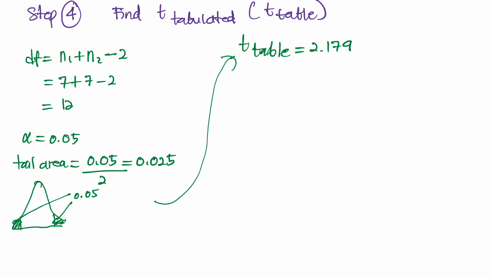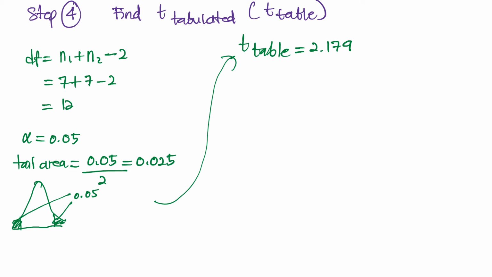Since the alpha given is 0.05, we have to divide this value by 2, since 0.05 represents the tail area of both sides. In order to use the t-table, we only need the tail area on one side. So we divide alpha by 2 and get 0.025. So that is the tail area that we need to refer to in the t-table.